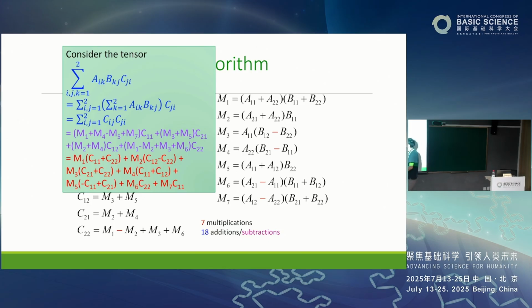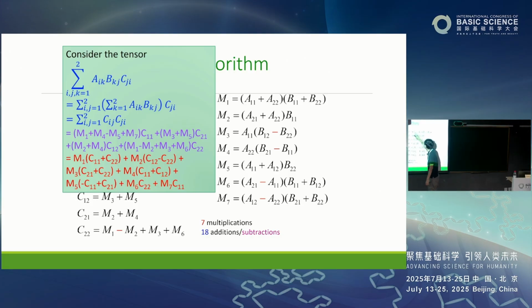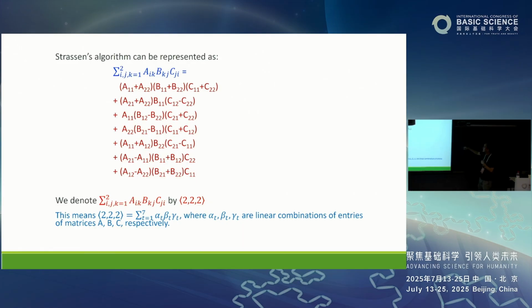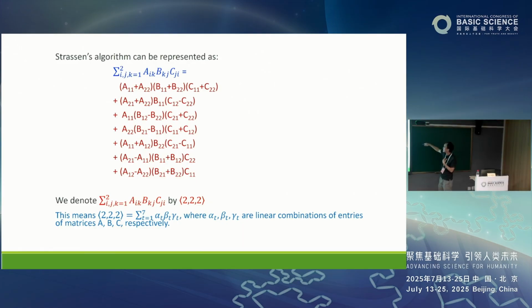And each M_i is a multiplication of two linear combinations of elements of A and B. Which means that each of these terms is a multiplication of linear combinations of A, B and C. So this means that Strassen's algorithm can be represented as this. This tensor can be written as the sum of 7 products, where each product is a linear combination of the entries of matrices A, B, C respectively.